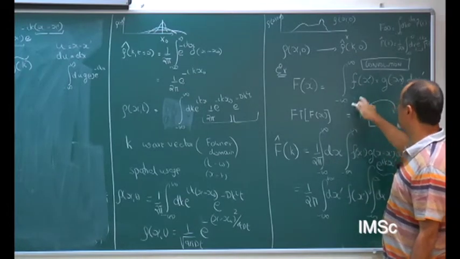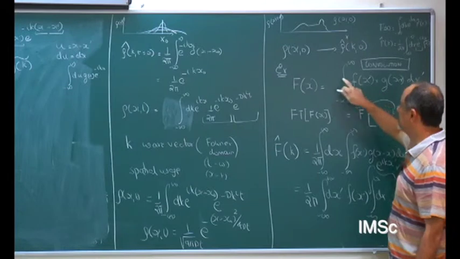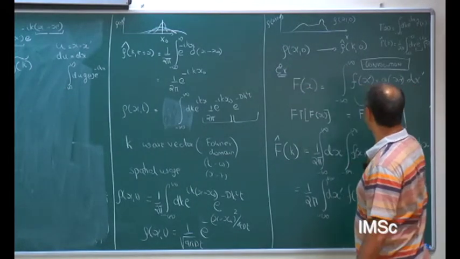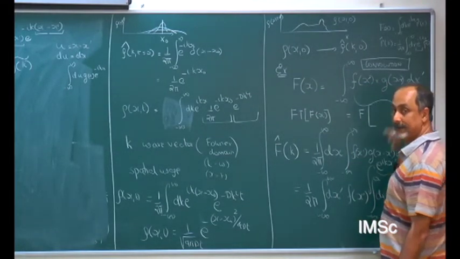So this would be a convolution of the initial density in real space, rho of x0, times the function which is x minus x prime.